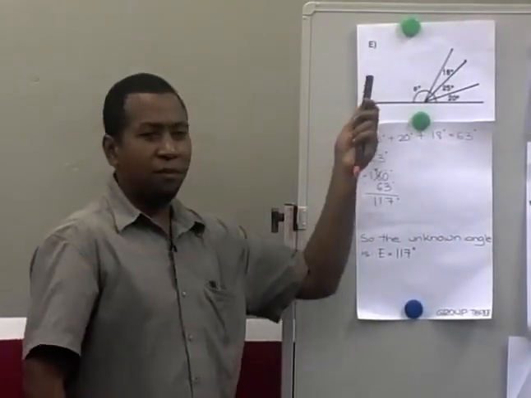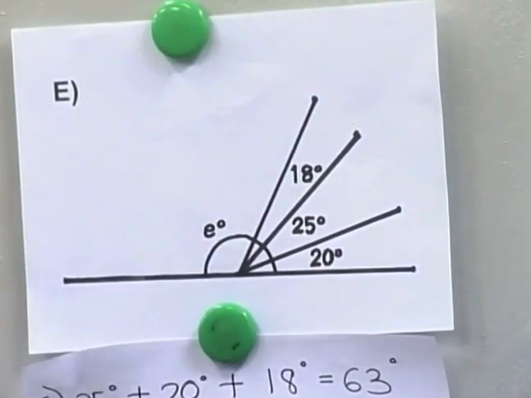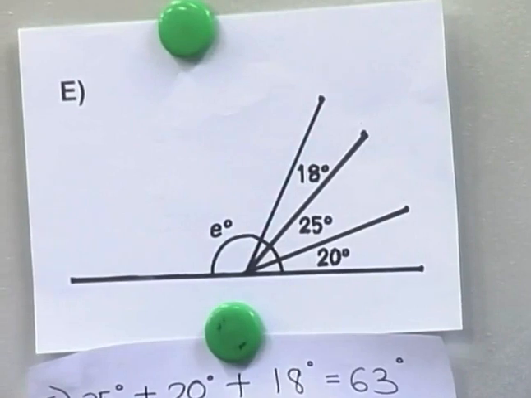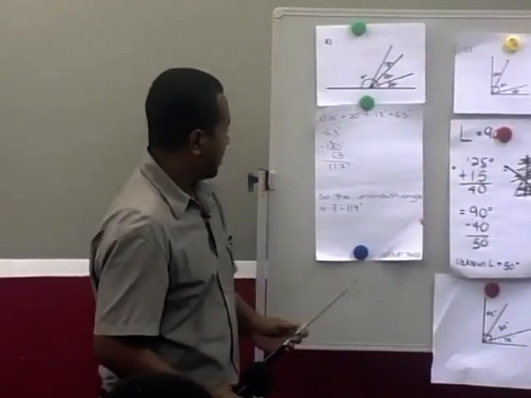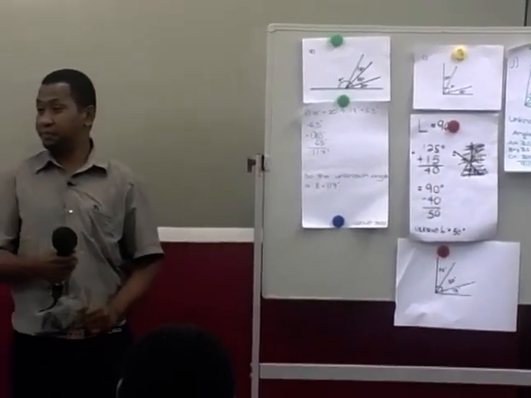Class, what do we call all these angles here? What do they form? They form a supplementary angle. So when you add all these angles up, it goes up to 180 degrees. Very good.